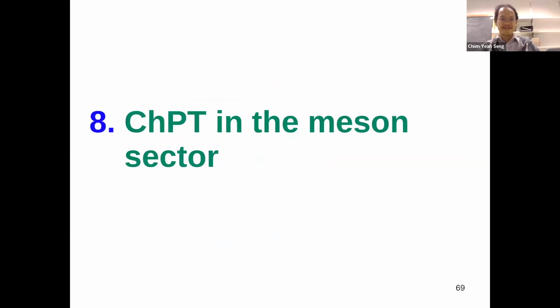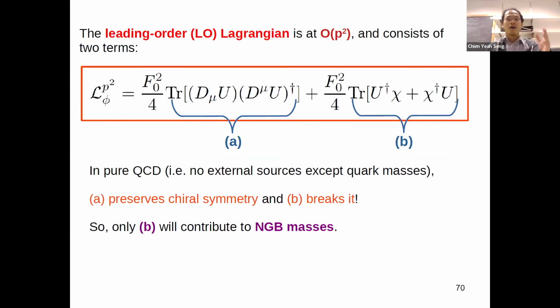So let's see how this is done. To proceed, now we will construct a leading order chiral perturbation theory in the meson sector. Namely, it consists only of the Nambu-Goldstone boson and nothing else. Now we want to write down the chiral Lagrangian.